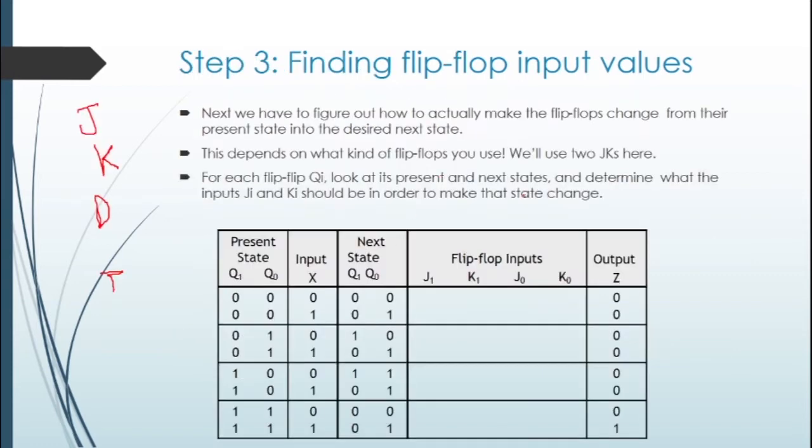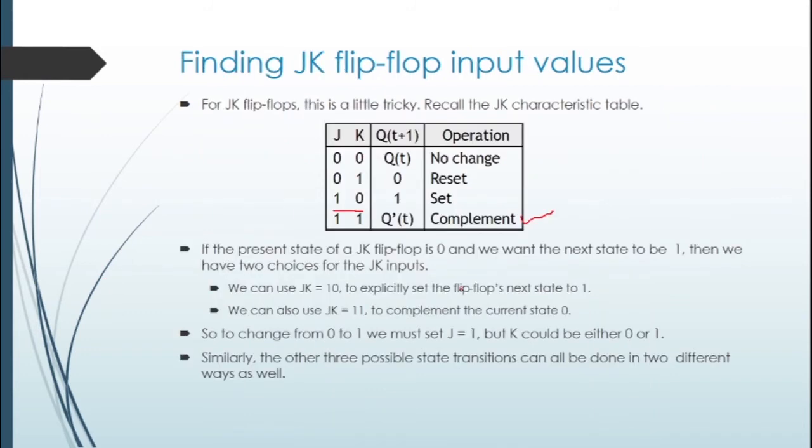From here we can see that if the Q0 values are changing, we can use the 1 1 scenario, and if it is not changing, we can use 0 0. If the next value is 0, we can either use 0 1.